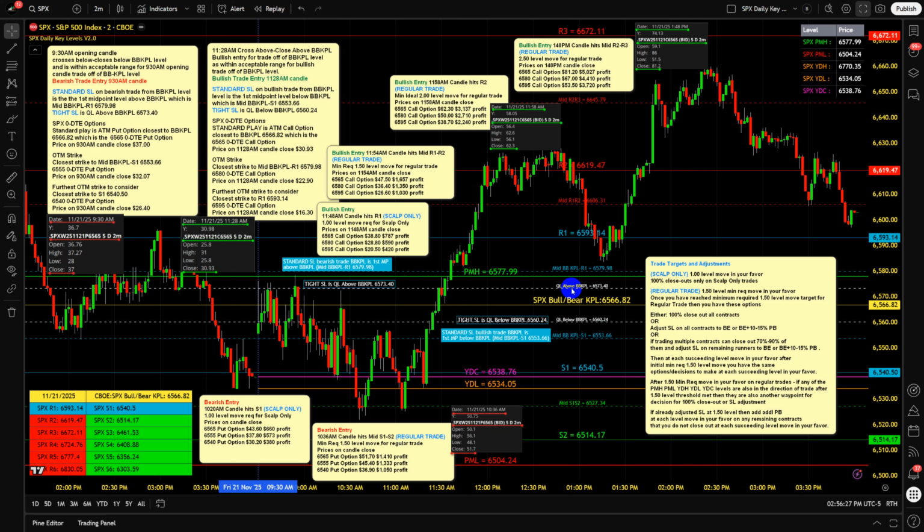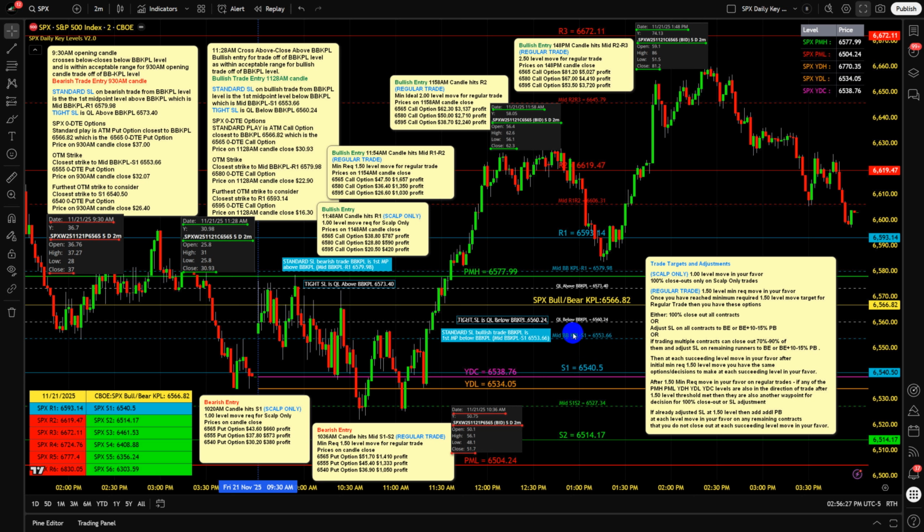Your QL above is your tight stop loss on a bearish trade taken from the bull bear key price level. Your midpoint level above the bull bear KPL is your standard stop loss on a bearish trade on the bull bear KPL, and your first midpoint below the bull bear KPL here is your standard stop loss on a bullish trade from the bull bear KPL level.